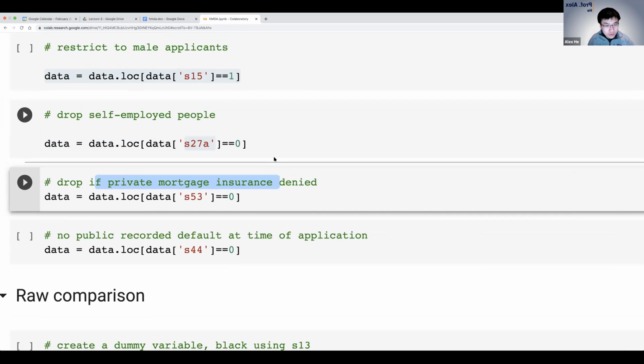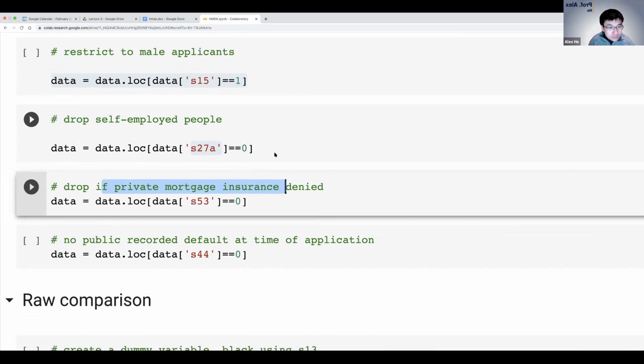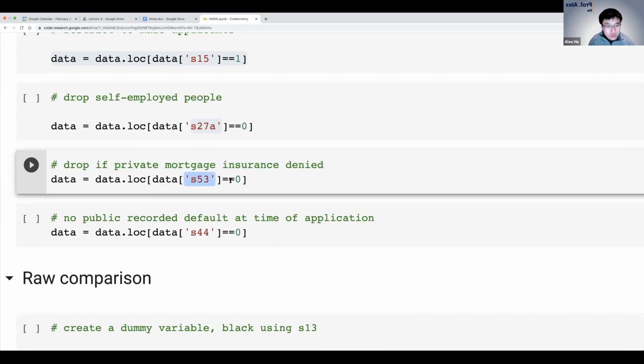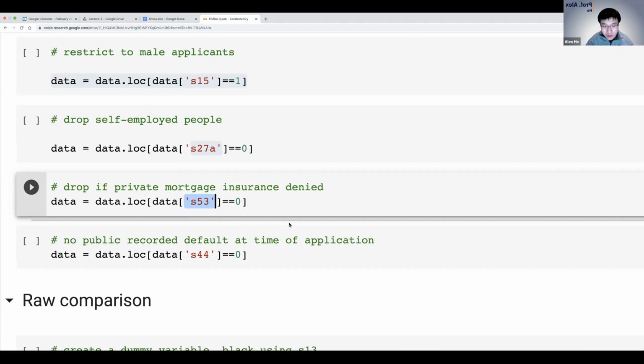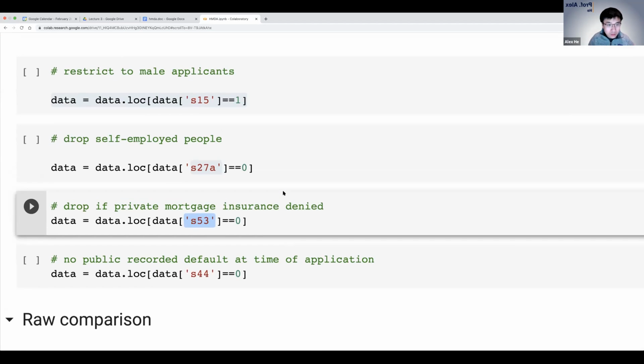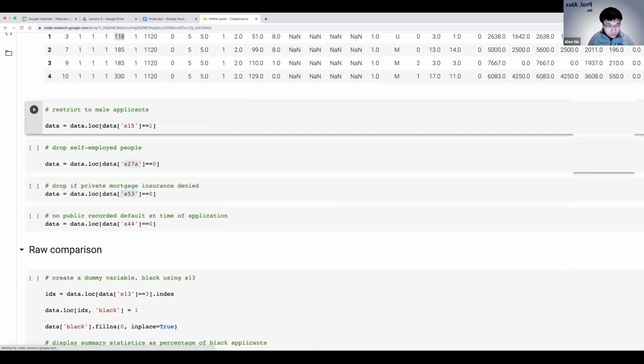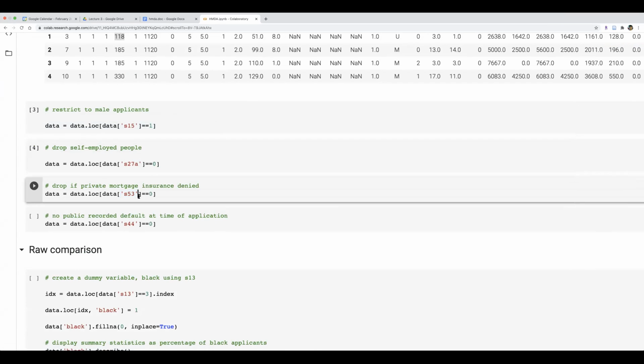So then it's not a very interesting case, and it's about the decision made by the insurer, not the mortgage officer. So that's the S53. We want that to be 0. And finally, we want that there's no public recorded default at the time of the application. Again, that's a very few cases, but if that's the case, then I think it will be automatically rejected. Okay.